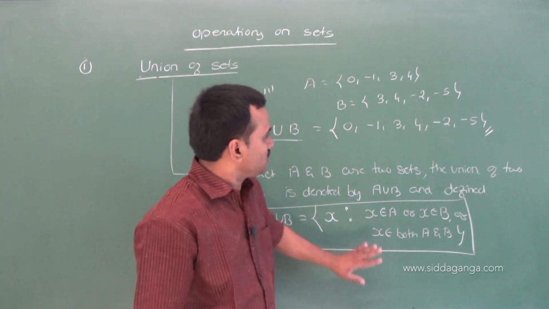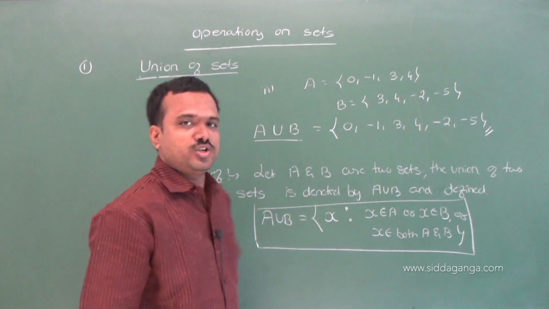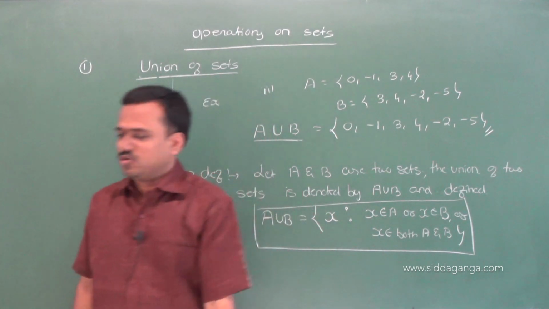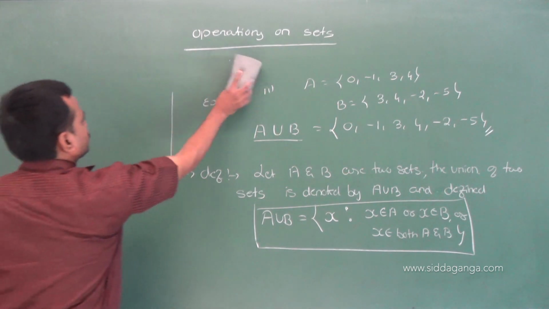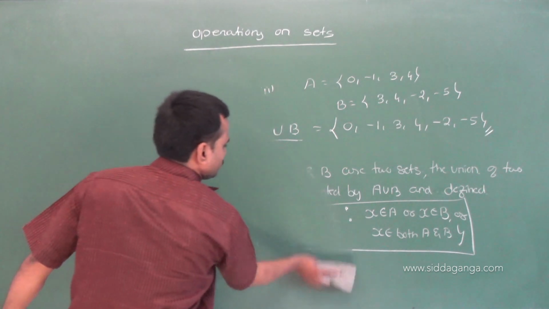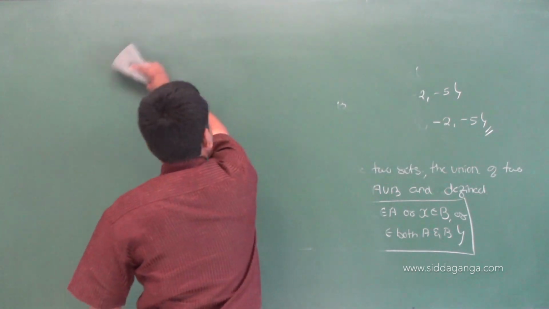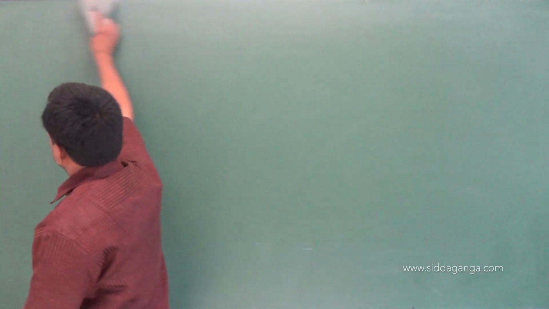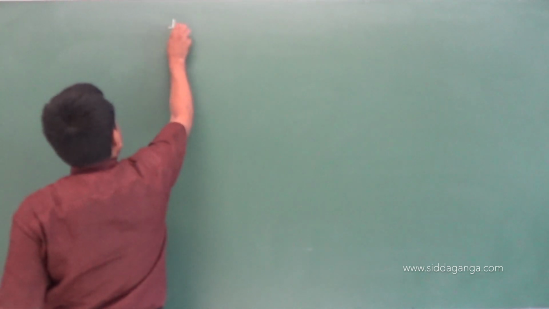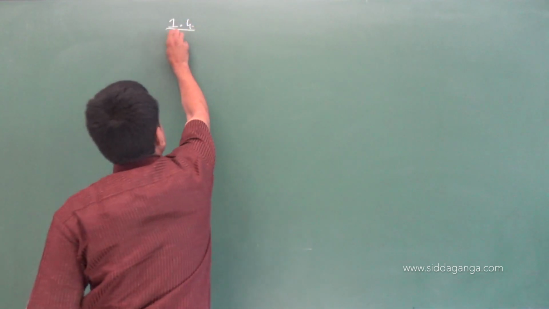Understand? So we solve some problems regarding union of two sets. Take down the problems.